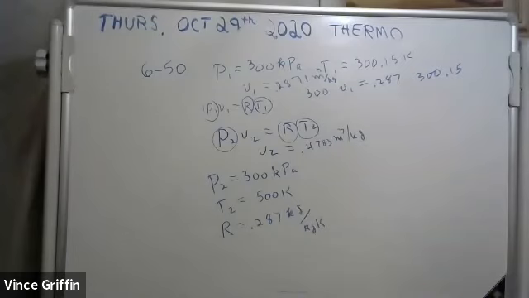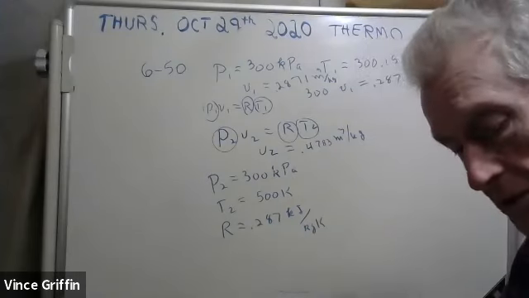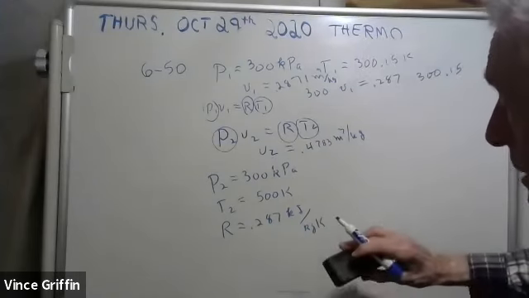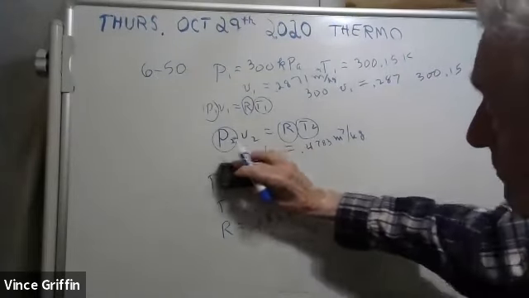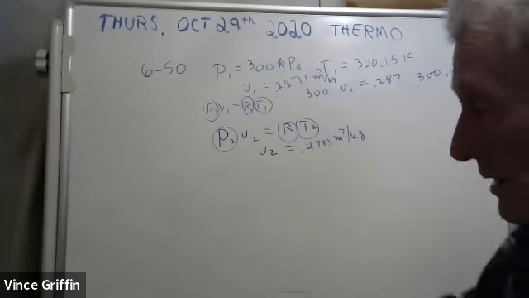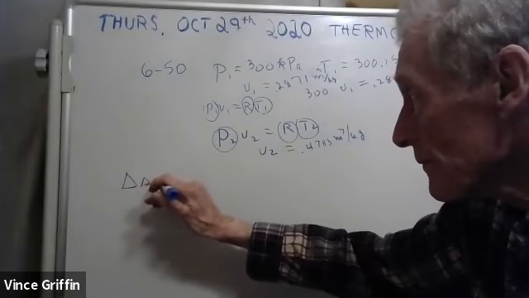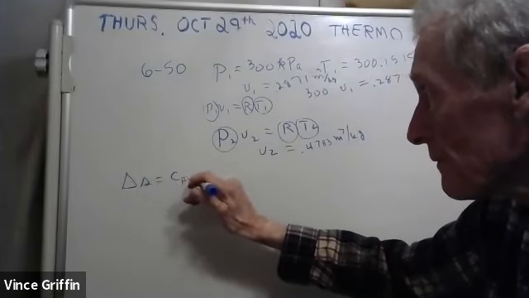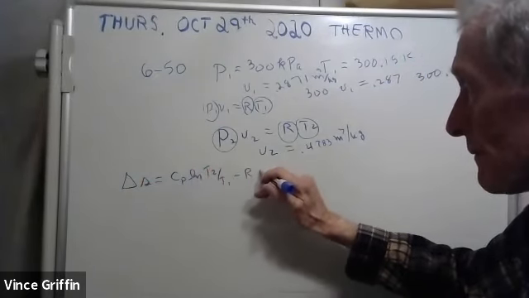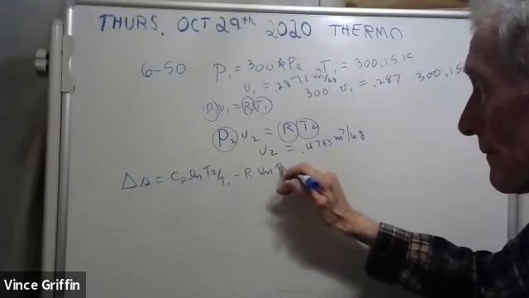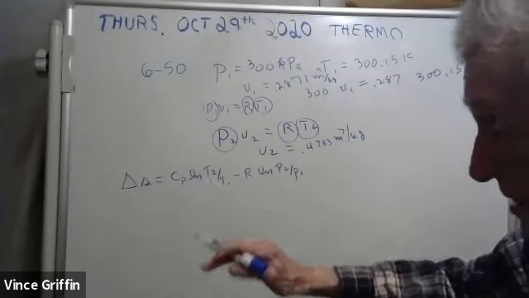Yay, we did great. Okay, and now let's do the change in entropy on this thing. I want to show you these equations. Now one of them goes like this. We're going to use this equation. Now C sub P, and it's air, right?